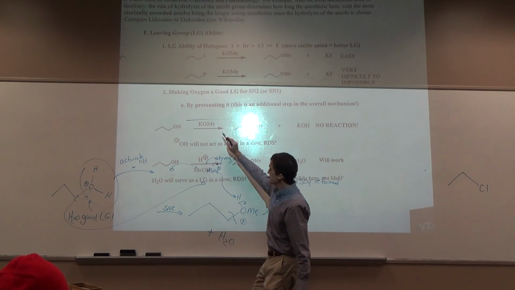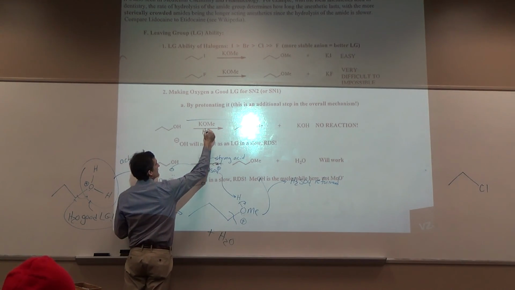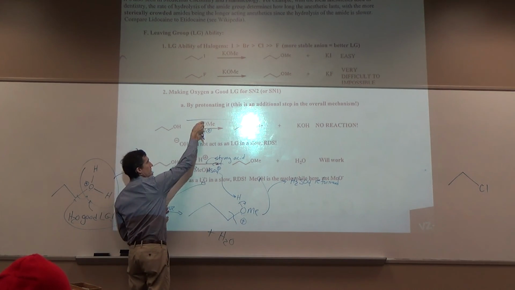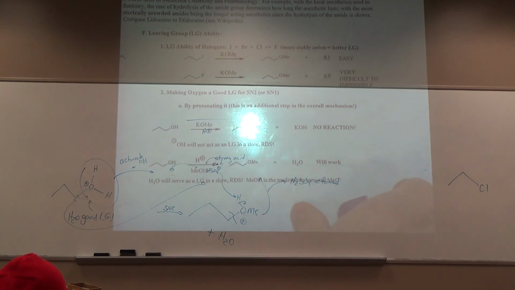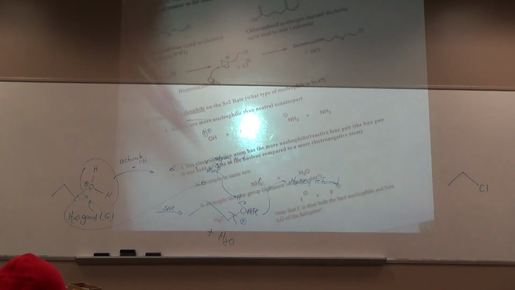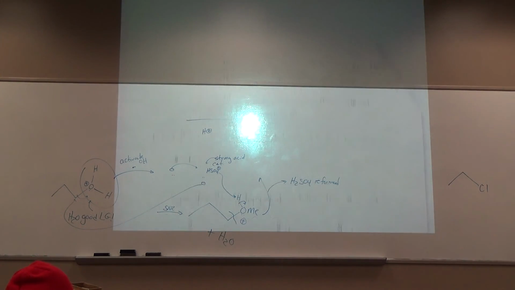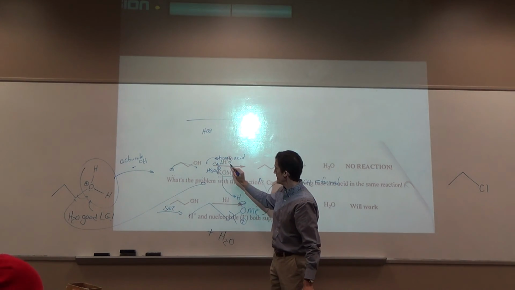Why didn't we use KOMe here? Why didn't we just throw in some H plus here? That's shown below? No. Why not just throw in some H plus with the methoxide? I think it's on the next page. And we'll end here.